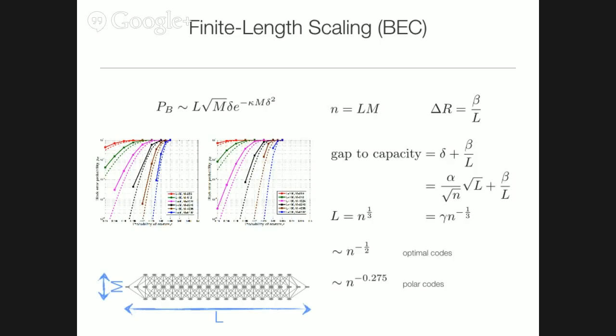So these codes are somewhere between. This is the optimum behavior. Polar codes need roughly the square of the block length, and these codes are pretty much exactly in between. So that's partially good news, partially bad news.